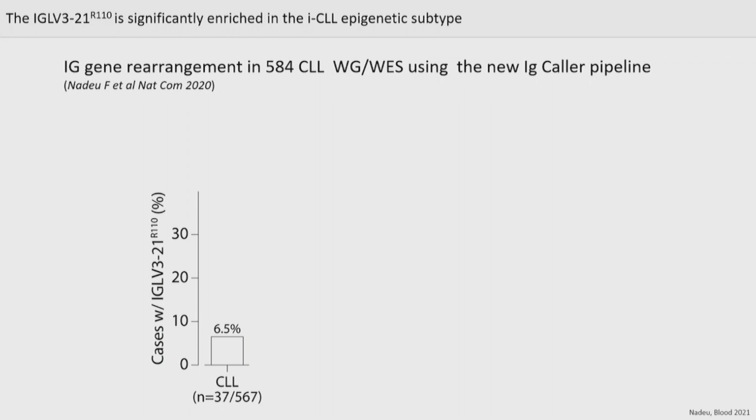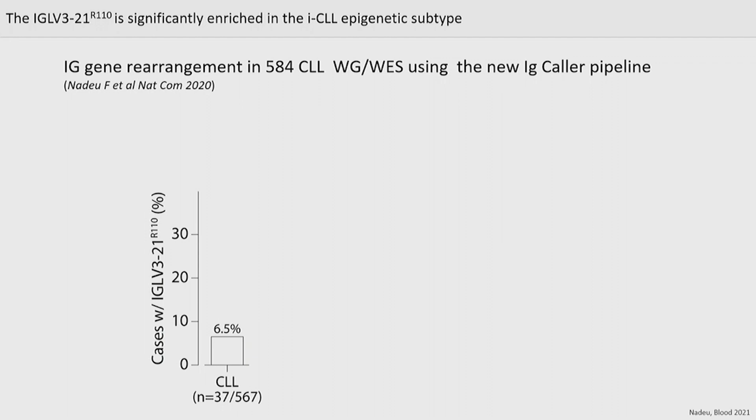And we didn't see these mutations because the immunoglobulin gene is one of the regions of the genome that is extremely difficult to analyze with the current pipelines. So my bioinformatician Ferran and I discussed this issue, and he had developed a pipeline to analyze specifically the immunoglobulin gene receptor by extracting the information from the whole genome and whole exome sequence.